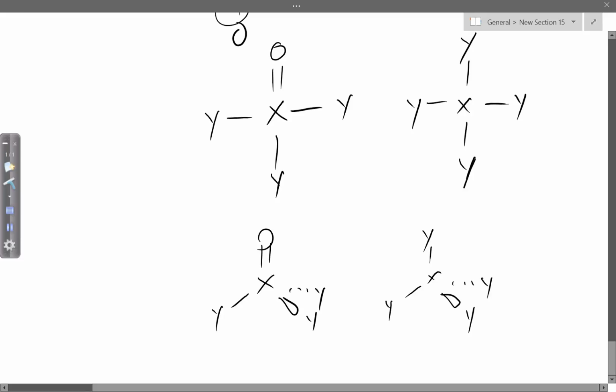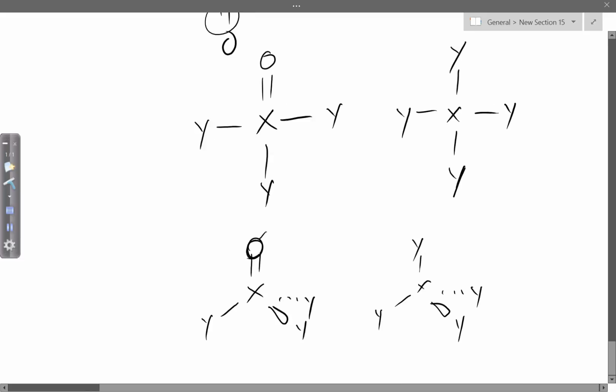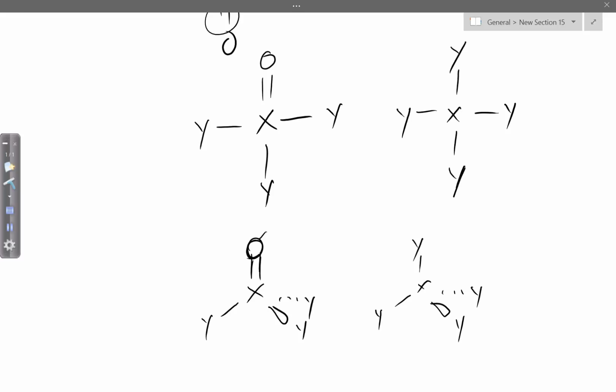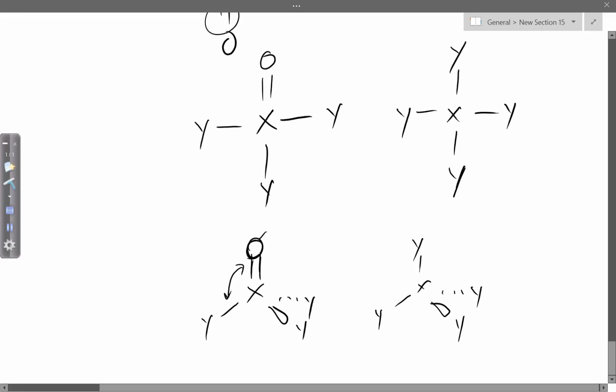Now, you have learned that a double bond is electron rich, right? So that gives you a hint. If you see electron rich, what will happen? Greater repulsion. Yes, very good. So there will actually be greater repulsion than a single bond. So if there's greater repulsion, this bond angle ought to be smaller than 109.5.